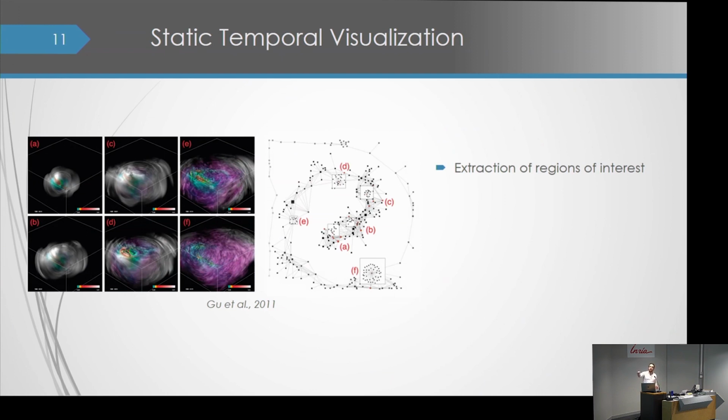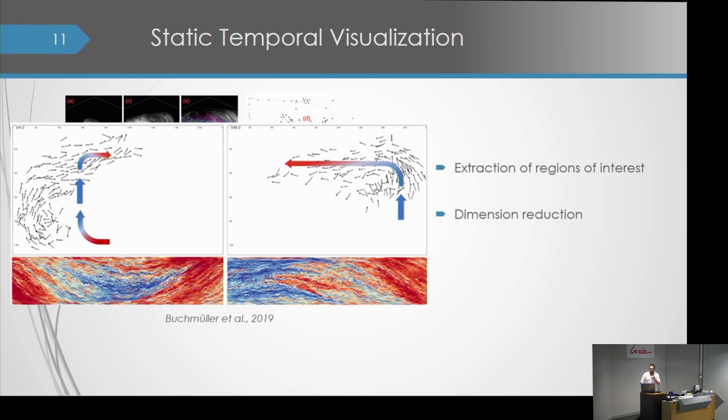In this example, the 6 first images show complex volumetric 3D temporal information, and some pieces of this 4D information can be extracted and put together in this graph with links in order to explore 4D information in a 2D graph only. So it's another layer of abstraction that can be quite difficult, but in the end, we end up with a 2D visualization. Another static method relies on dimension reduction, basically projection of the information.